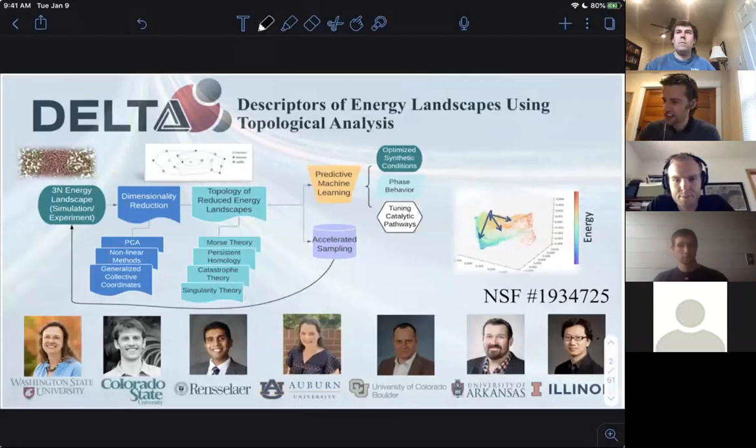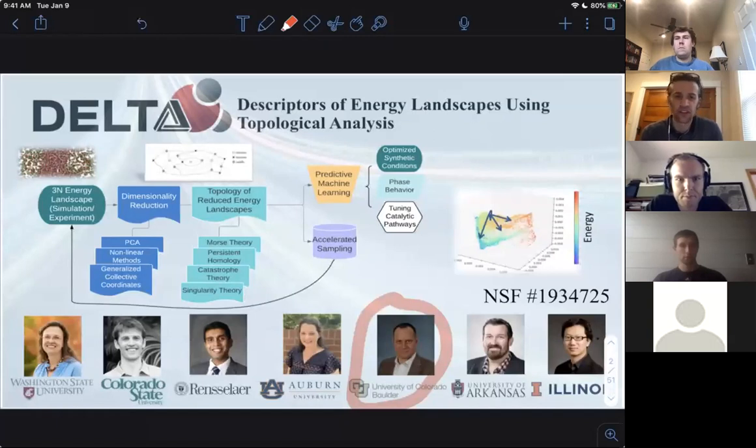The only other mathematician is at Boulder, right nearby me. But we have chemists at Washington State University, in Auburn and Arkansas, and at Illinois and RPI, we have sort of physicists who work a lot with chemistry data. My teammates all met each other at an NSF Harnessing the Data Revolution week-long mixer, where they tried to find people to work on interdisciplinary problems together.